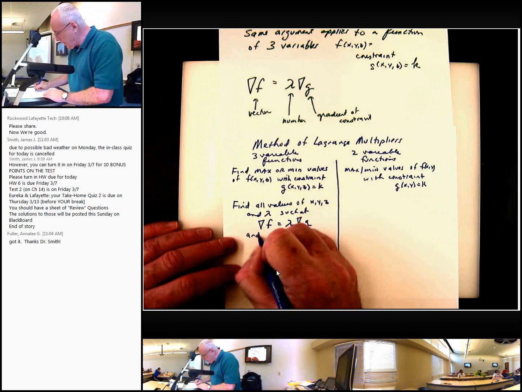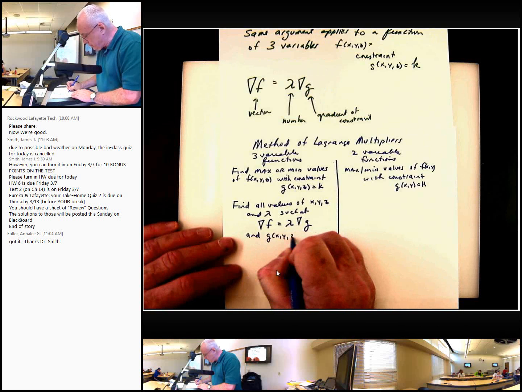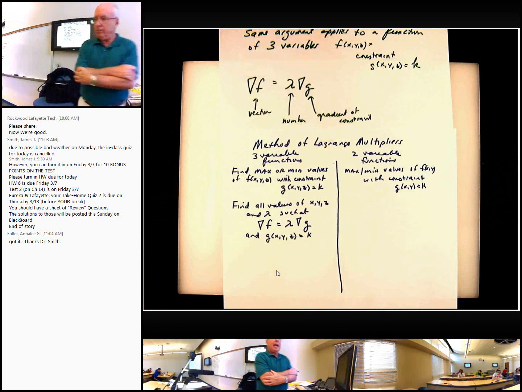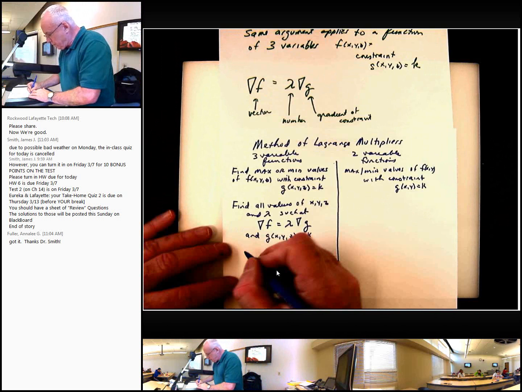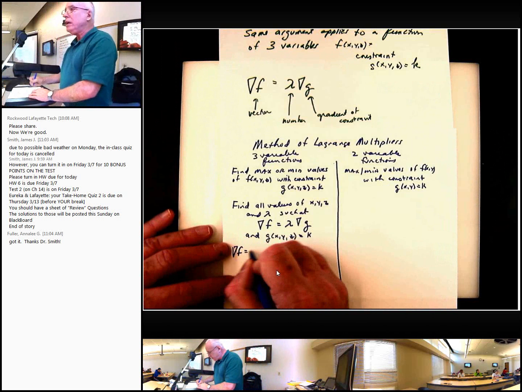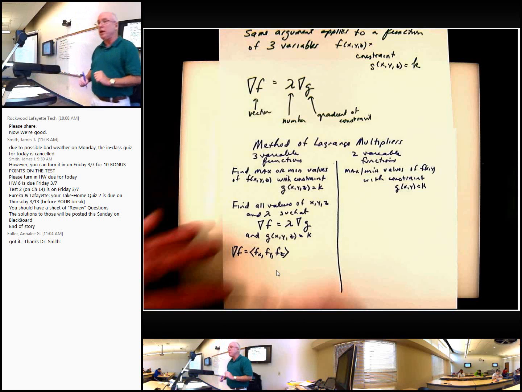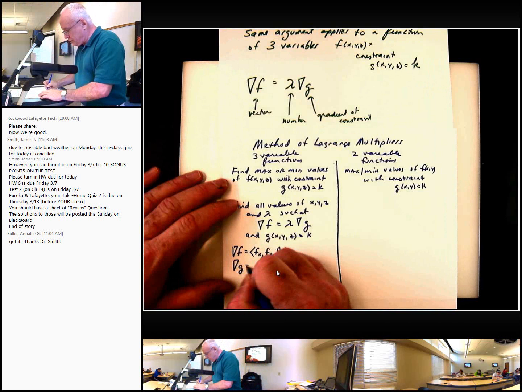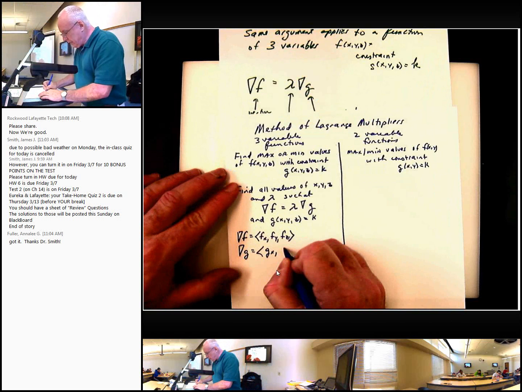And we have to always satisfy our constraint, g of x, y, z equals k. Now let's break this down. The gradient of a function of 3 variables is fx, fy, and fz, a 3-component vector. And the gradient of our g function is going to be gx, gy, and gz.